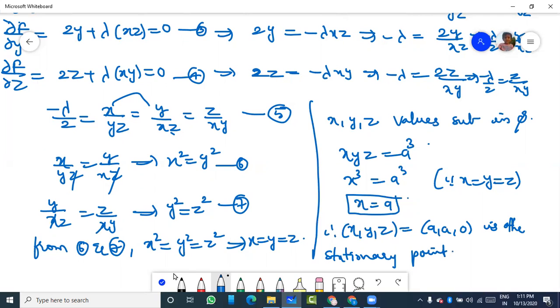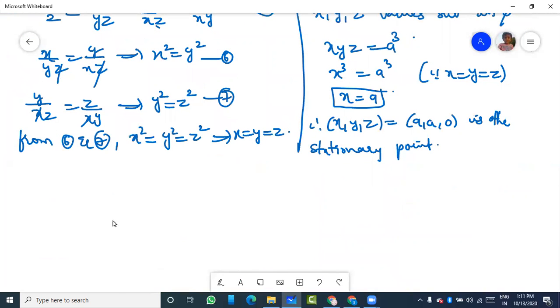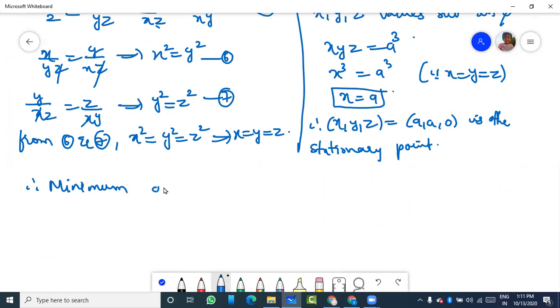At this point, we can find out the function. Therefore, the minimum of f of x, y, z is equal to x square plus y square plus z square, and the point is a, a, a.